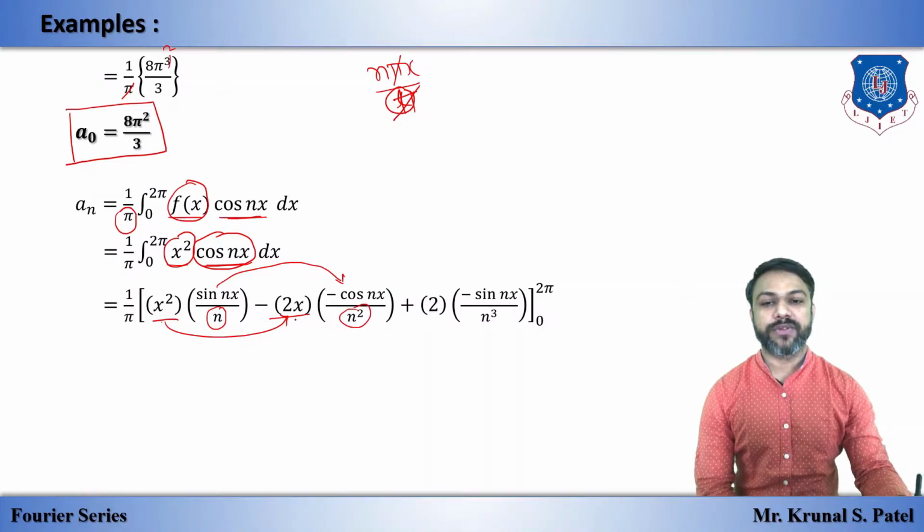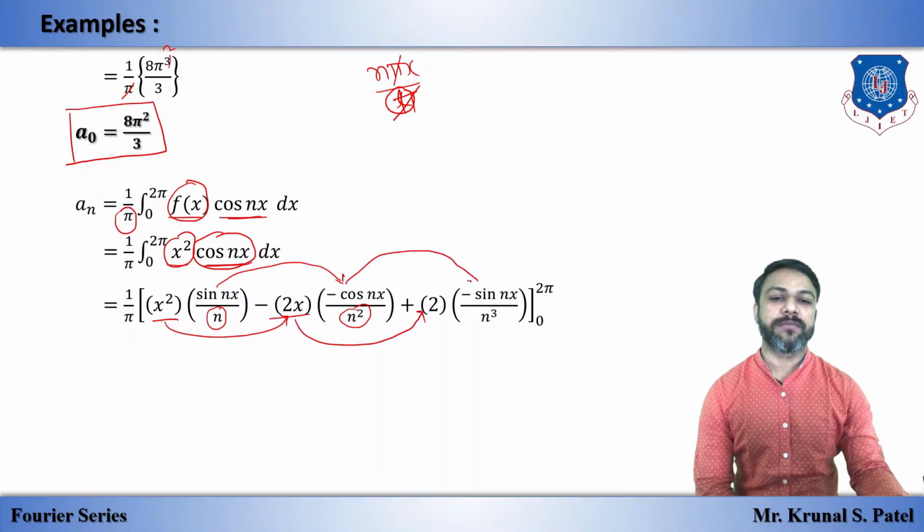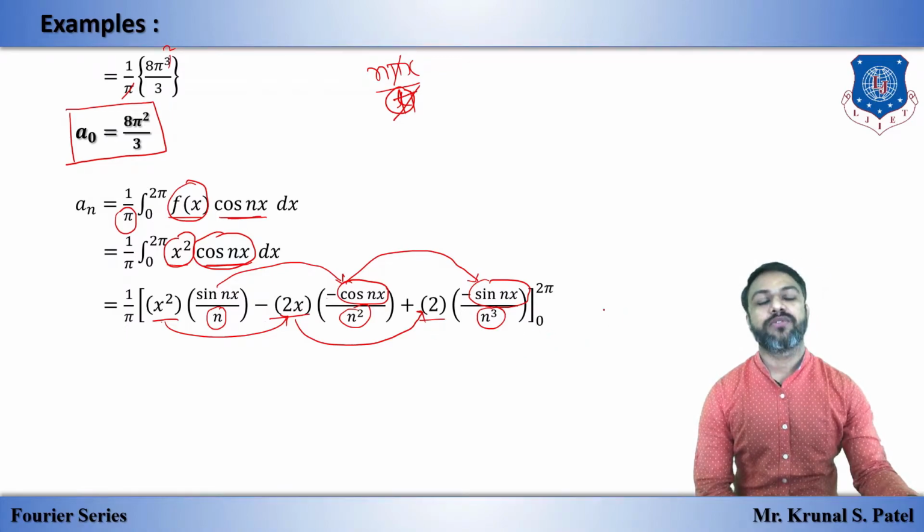Now plus differentiation of 2x is 2, and again integration of this term, so minus carried forward, and integration of cos nx is sine nx by n, and n square into n gives us n cube. After this differentiation of 2 will be 0, so no need to write that step.